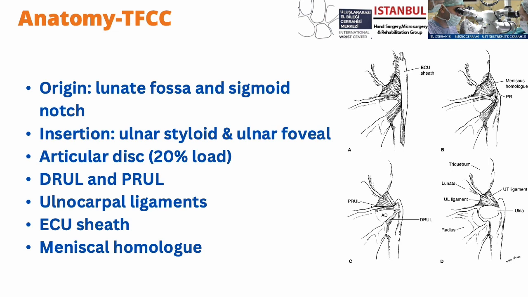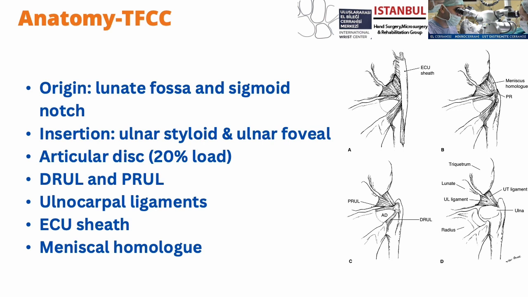The articular disc of the TFCC is important to transmit 20% of the load across the wrist joint, whereas the other 80% of load transmission is by the radiocarpal joint.